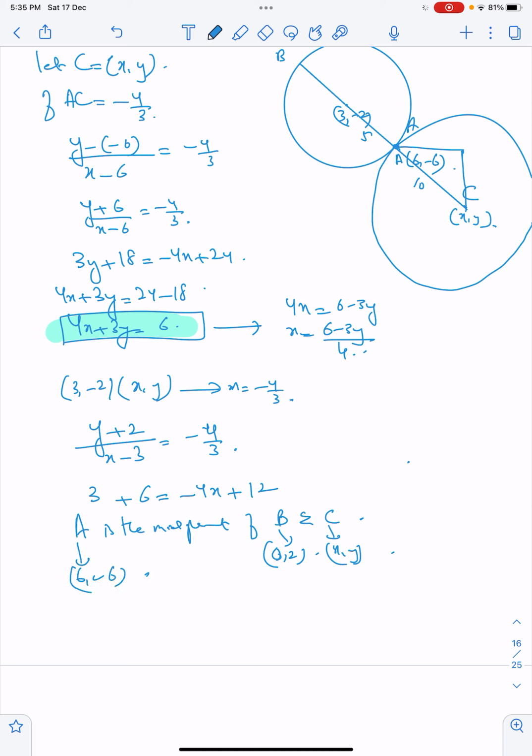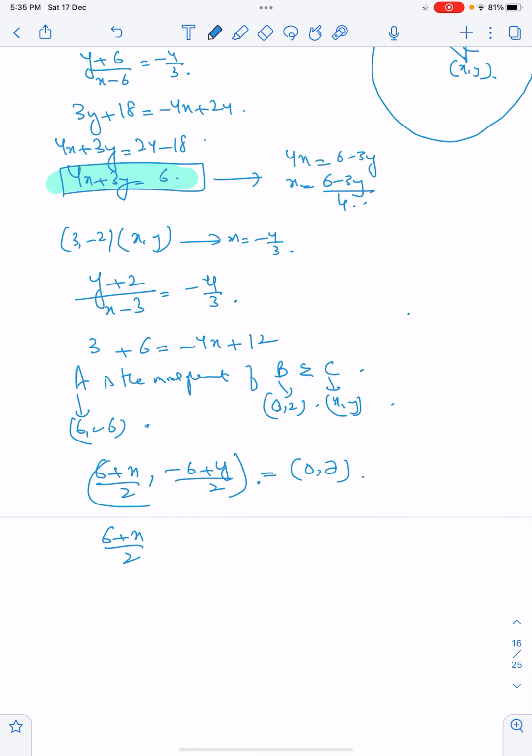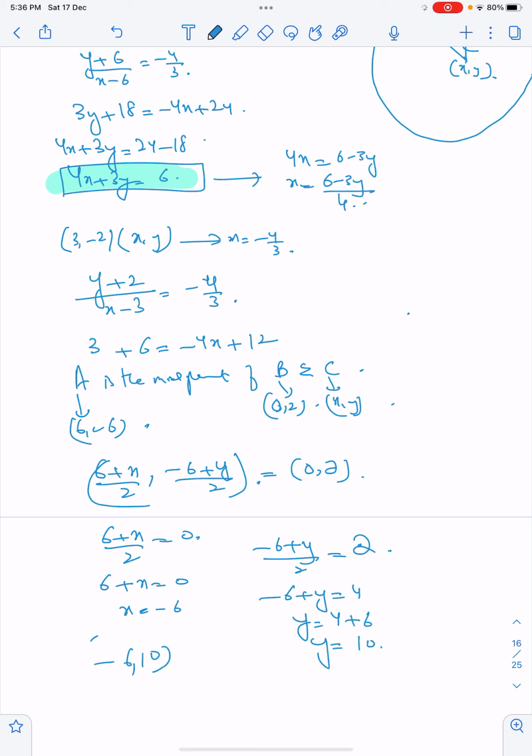Let's apply the formula of midpoint on this. 6 plus x divided by 2 and y divided by 2 equals 0 comma 2. So 6 plus x equals 0, x equals negative 6. And negative 6 plus y divided by 2 equals 2. Negative 6 plus y equals 4, y equals 4 plus 6, y equals 10.